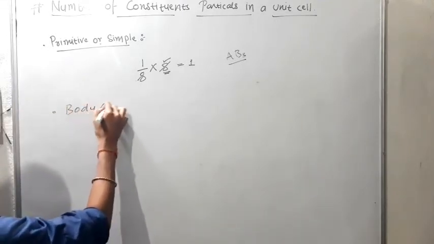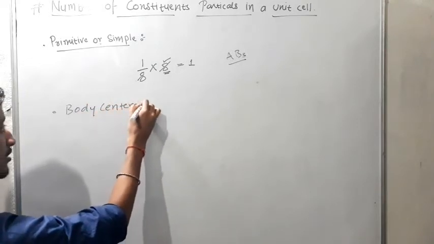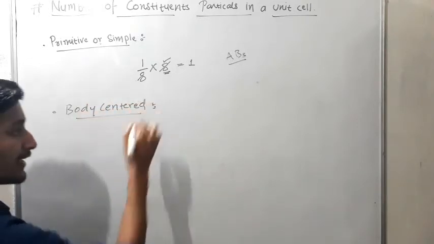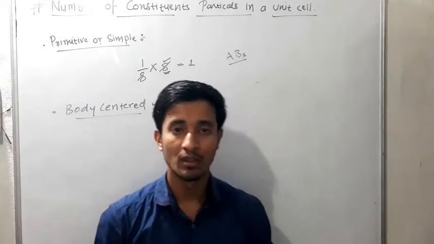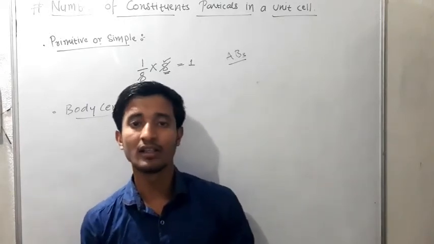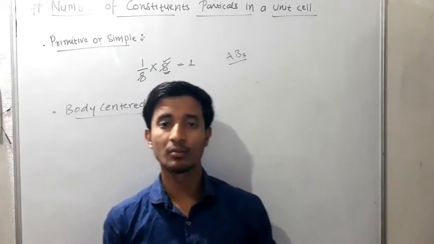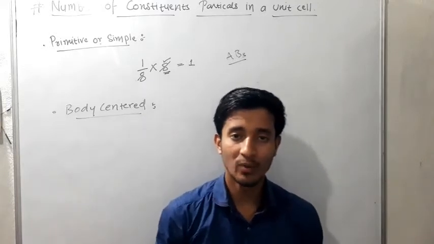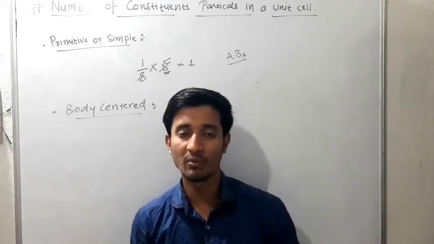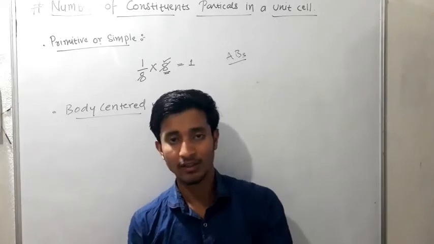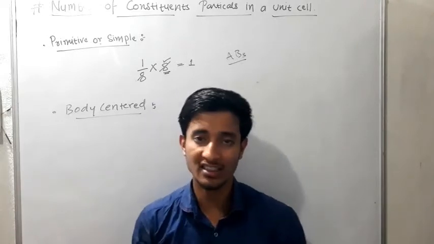Body centered. In body centered, the atoms are present at all the corners as well as the center of the unit cell. Atom present in center of the unit cell totally belongs to the unit cell in which it is present.